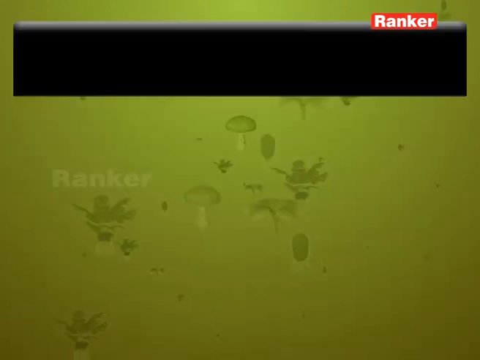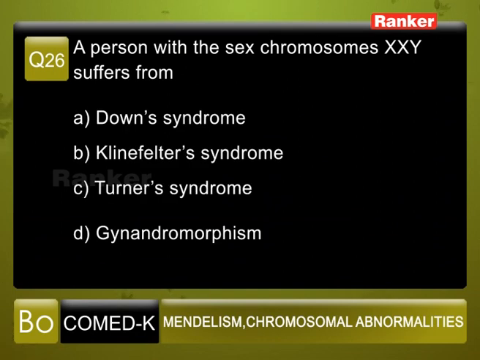26. A person with sex chromosomes XXY suffers from: A choice is Down syndrome, B is Klinefelter syndrome, C is Turner syndrome, and D is gynecomorphism.